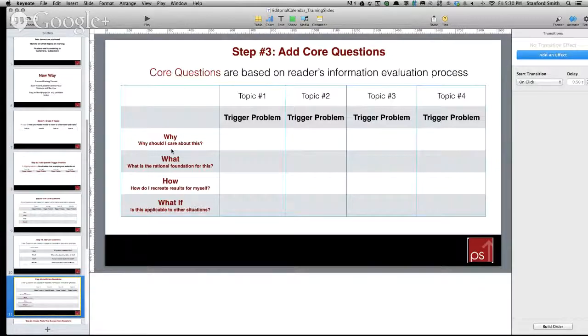So you can start to see how this is shaping up. This is the foundation, or the framework, for building out the editorial calendar. And what you'll see here is that there are no dates yet. We're not randomly brainstorming. We're starting with the customer, or the reader in this case, and with what they want to do.